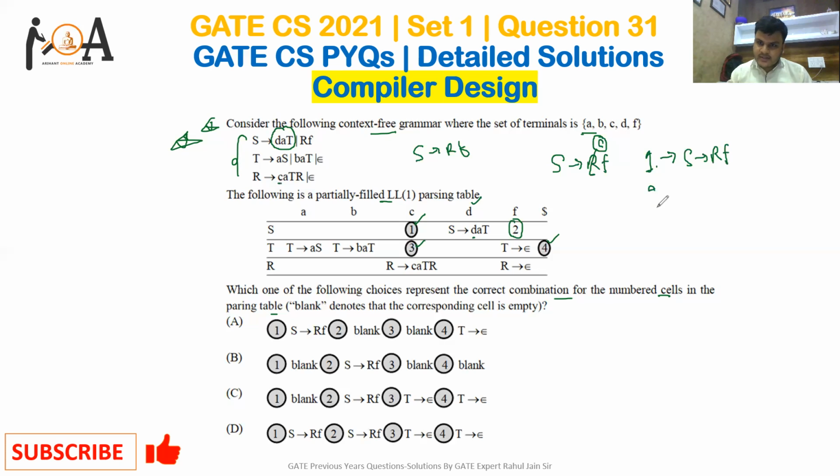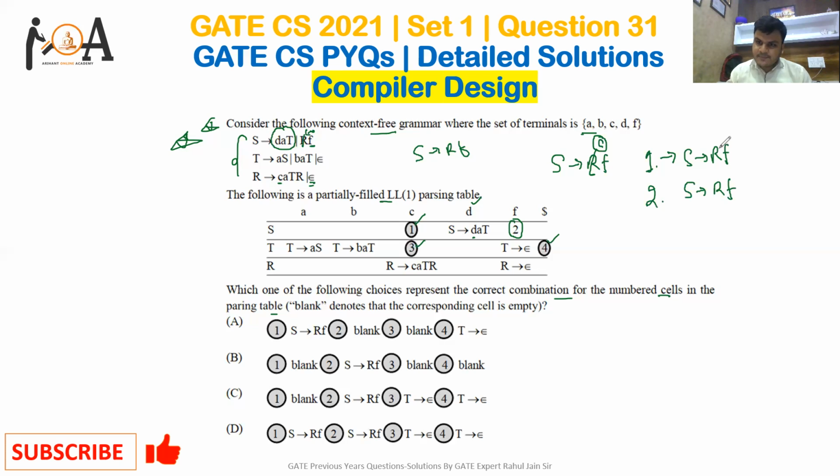Okay, now let's check the second, 2, on F. On F, if you see here, guys, R is there, but first of R is epsilon as well. So if I replace this R with epsilon, I am left only with F. So first of S, I am getting F as well. It means I will replace this 2 with S derives RF again.